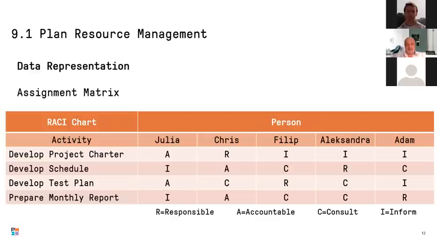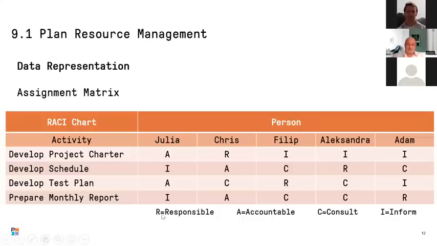The best case scenario is having one A, because one of the disadvantages of, let's say, the weak matrix is that you have two bosses: the functional manager and the project manager. So it should be one A in each row. This is the best way forward in working with the RACI. However, in some organizations, you may have more than one.